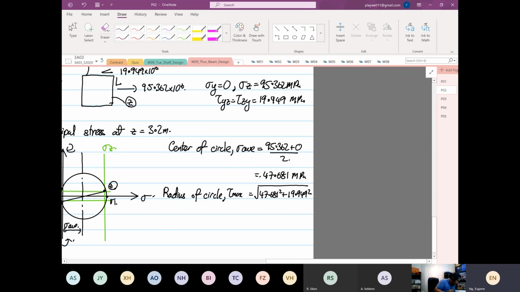The square root of the whole thing is 51.68. Let me do it again. 47.681 squared plus 19.949 squared gives 51.686 megapascal.